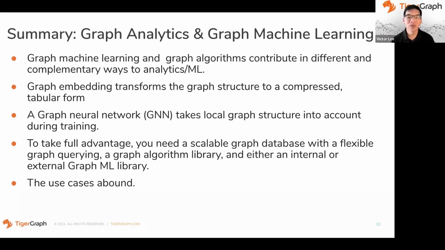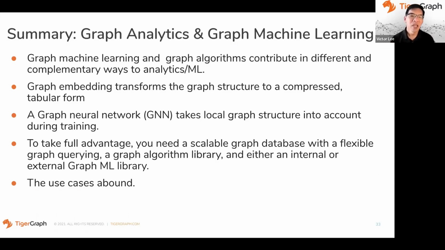It's something that transforms the graph structure to a more compressed and tabular format for compatibility with more traditional machine learning. Or you can do graph neural networks, and you actually can use both, but probably you would either use a graph embedding with a traditional neural network or a graph neural network. And a graph neural network takes local graph structure into account during the training.